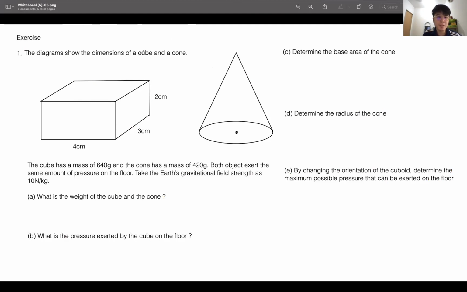Also, there's a typo here. This one changed to cuboid. Cuboid. This one, cuboid. Okay, all of this changed to cuboid because I changed the diagram last minute, so I forgot to change the words.